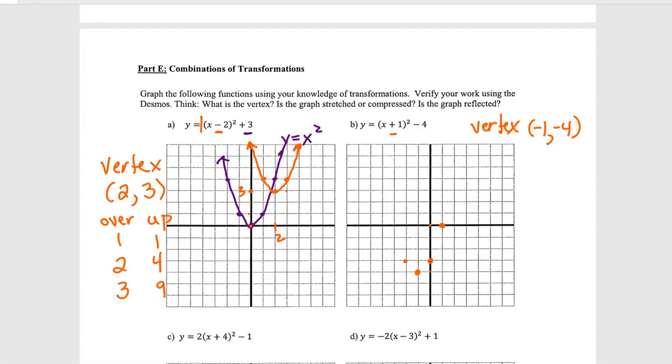On the opposite side of the axis of symmetry down the center, I have the matching points. I've only put on 5 points. I could have gone over 3 and up 9, with a match on the other side, and continued the parabola up past that point.